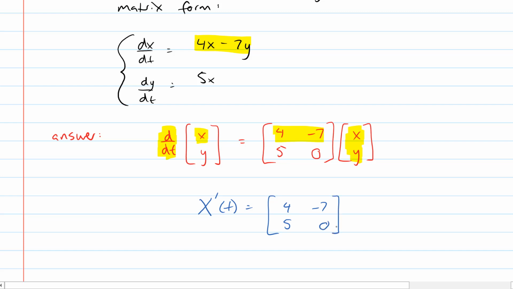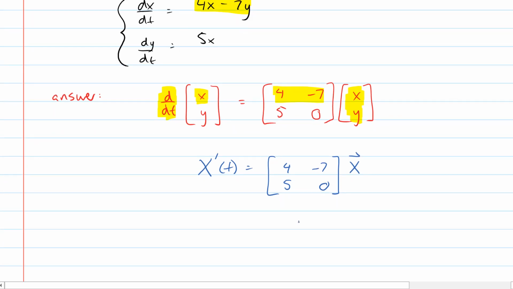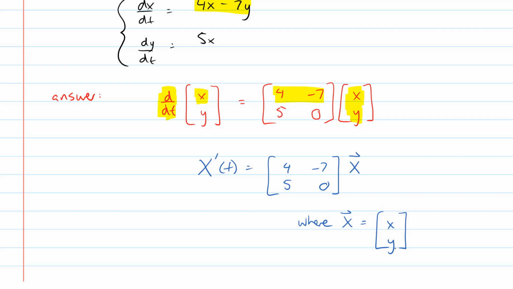And then the column vector xy is just going to be vector capital X. And if you like, you can write for completeness, where vector capital X is equal to the column vector x, y. And that's it. Of course, we're going to be solving these later, but this is just rewriting it in vector form.